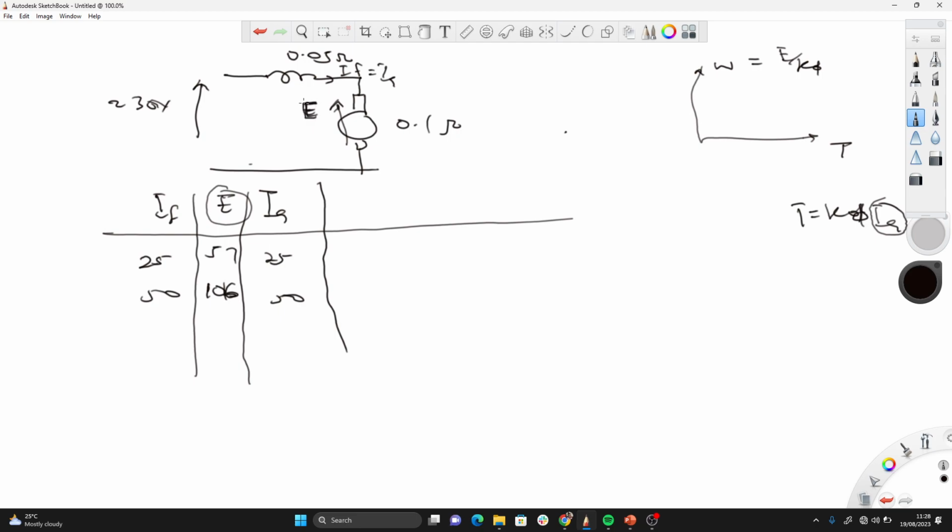So I know that E of the motor is equal to V minus IA RA. I'll take my V, 230, minus IA times 0.1, times RA.